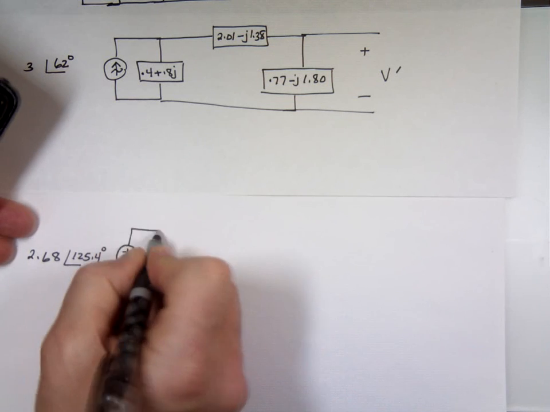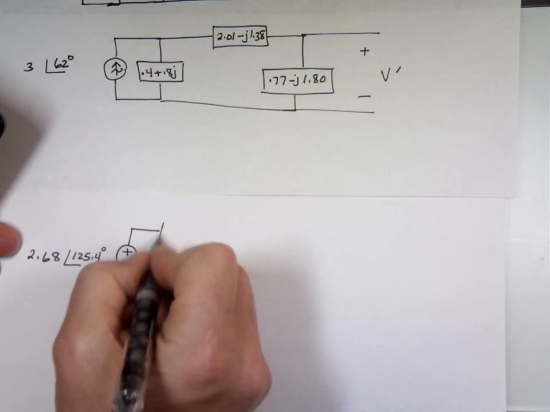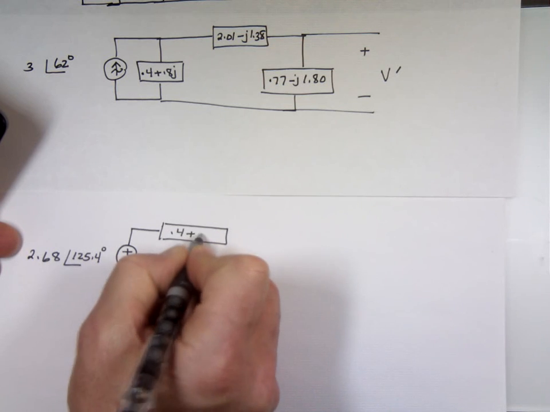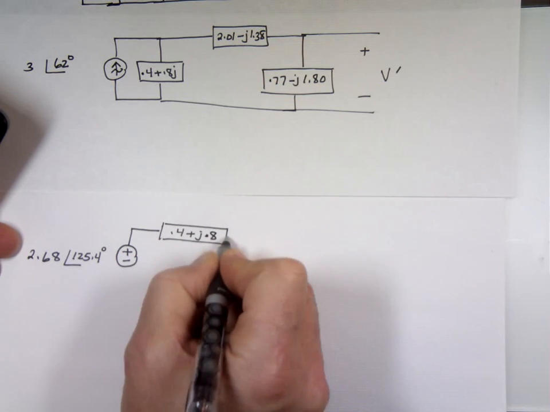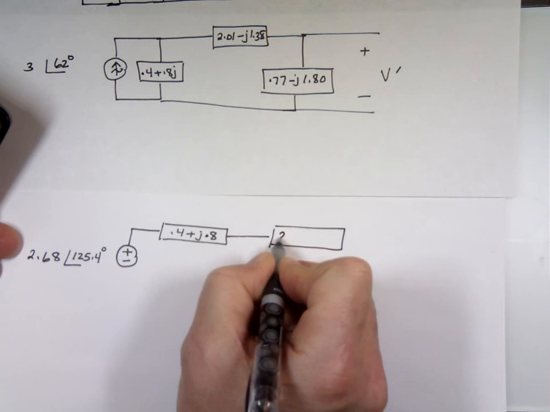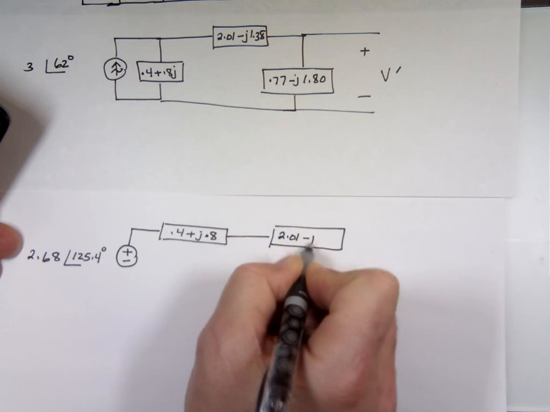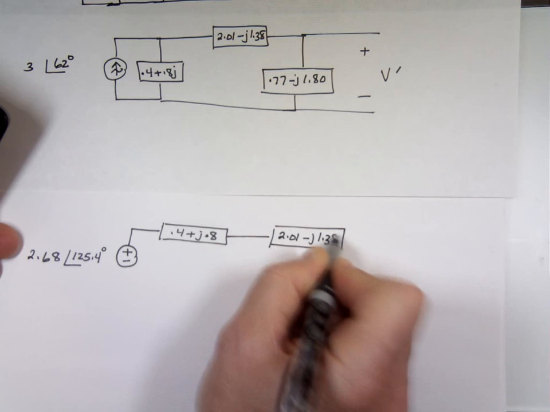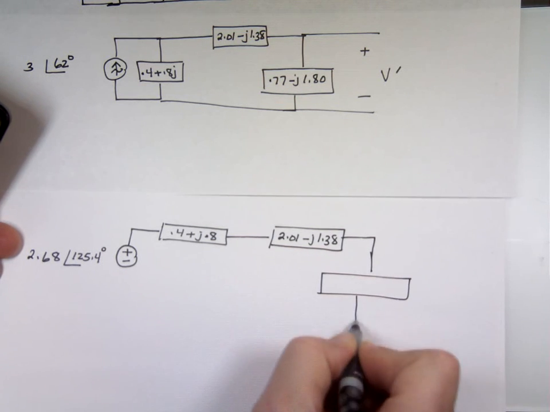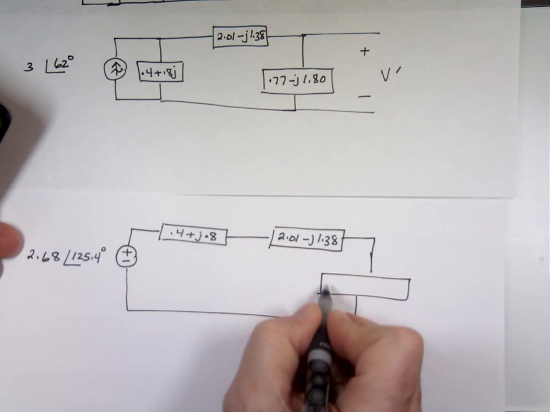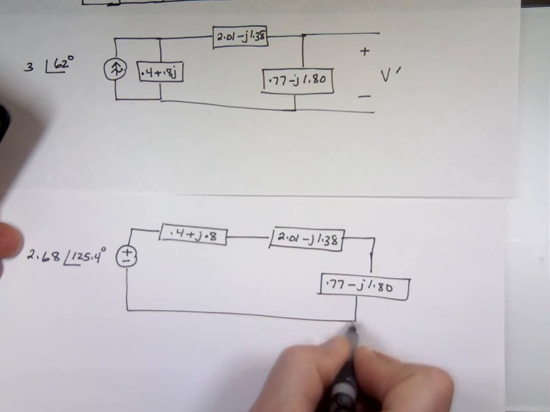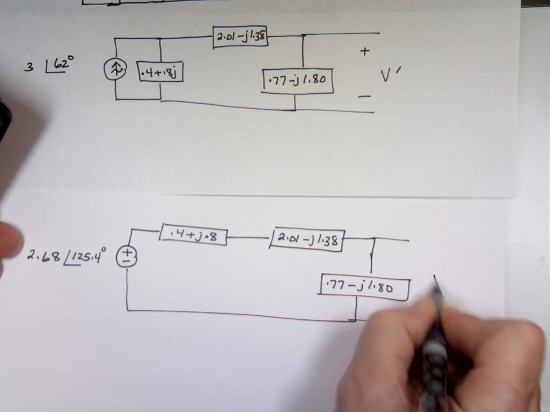You'll have this 0.4 plus j 0.8. Right next to it, you have 2.01 minus j 1.38. And right under that, you will have 0.77 minus j 1.80, and that's the first voltage V1 due to source 1.